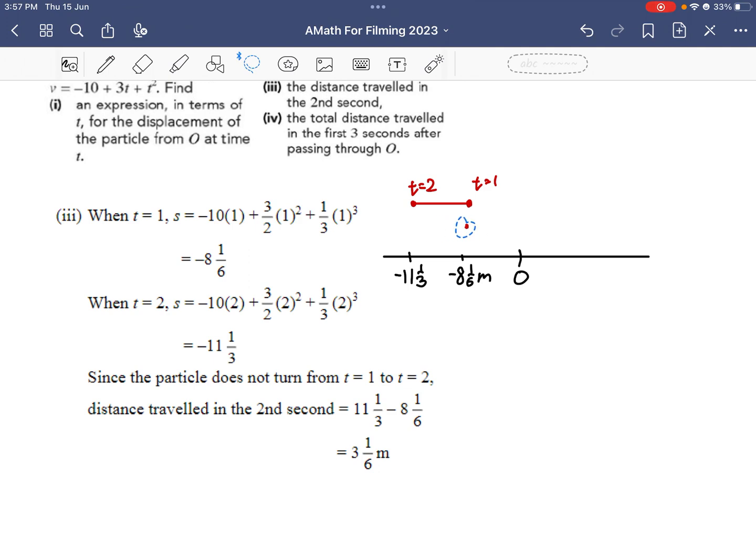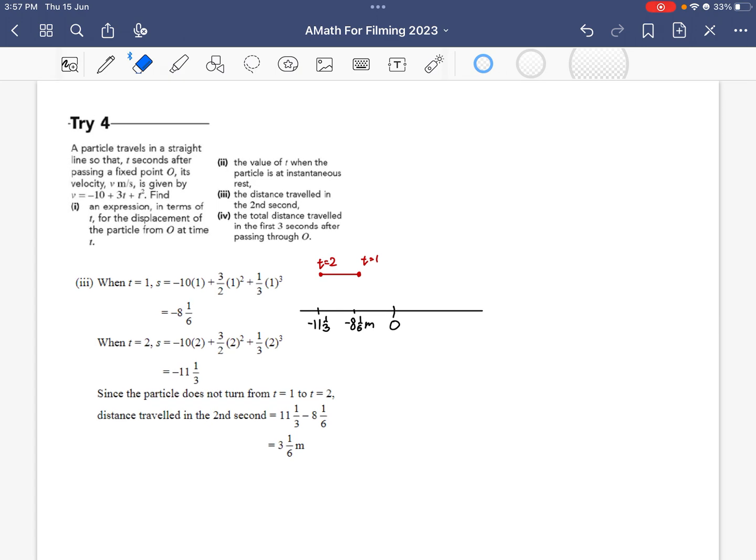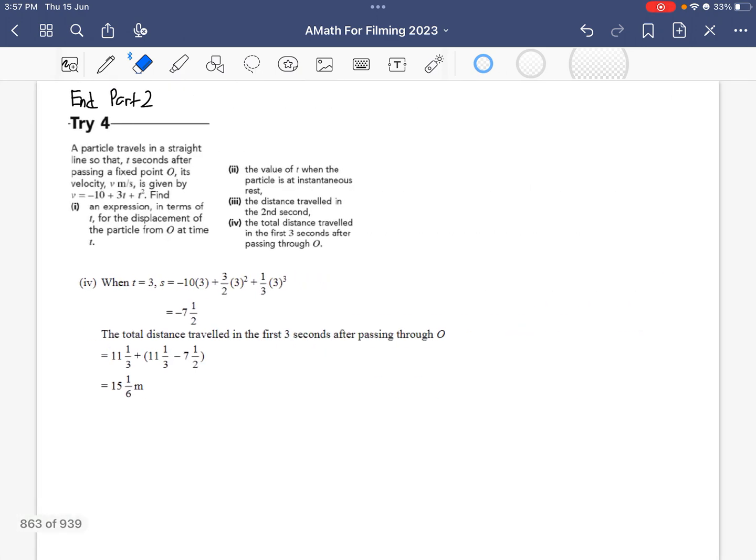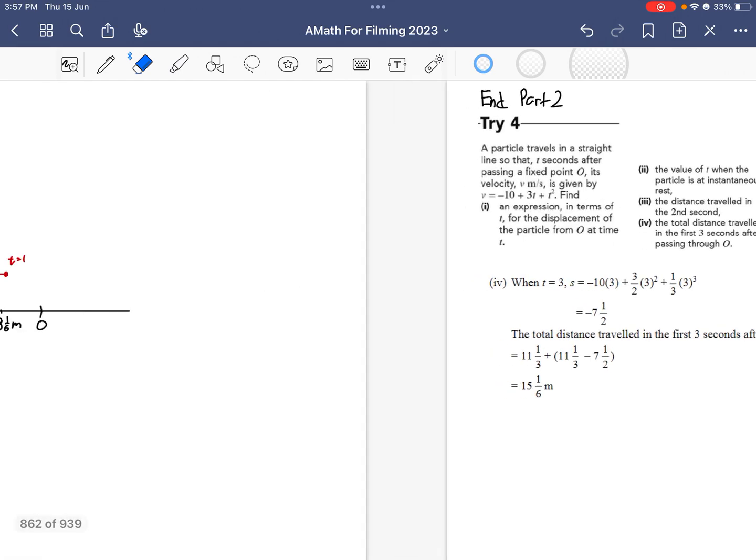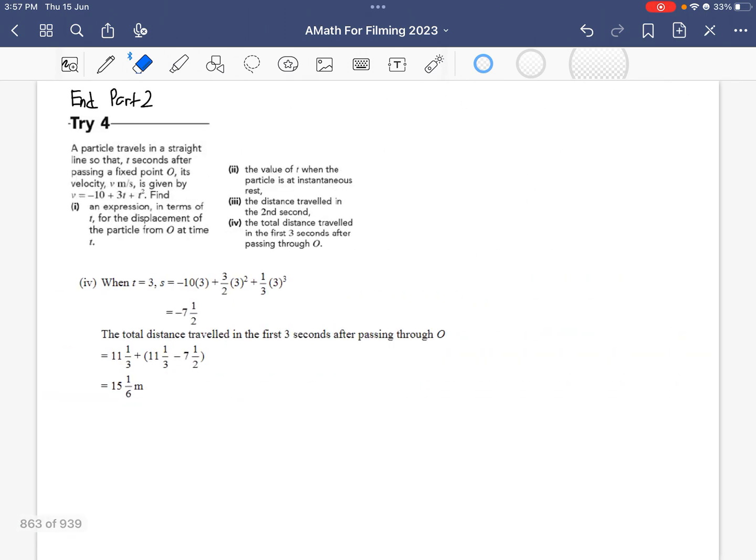Imagine the particle moving like this. So all I need to do to get the distance traveled is take 11 and 1/3 minus 8 and 1/6, I get 3 and 1/6 meters. That is part 3.